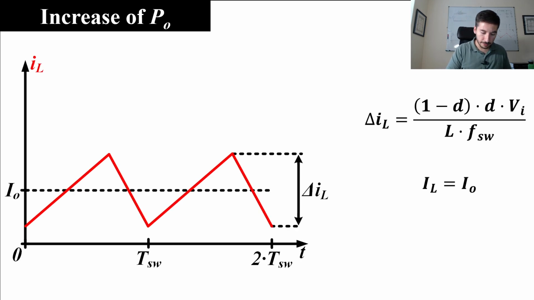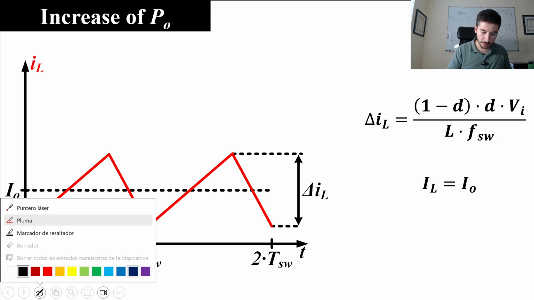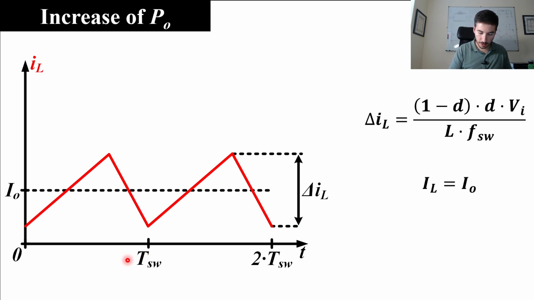Let's consider that we have this current through the inductor where we have this switching period, we have this average value, the load current, and we have this peak-to-peak current ripple. And we want to know what happens if we increase the output power of our converter. Note that here I have the expressions of the peak-to-peak current ripple and the average current through the inductor to support this explanation.